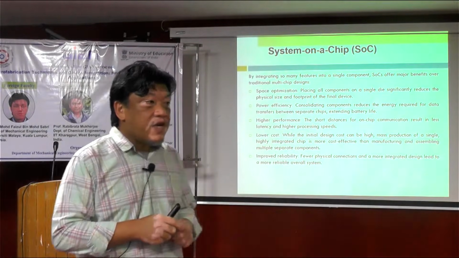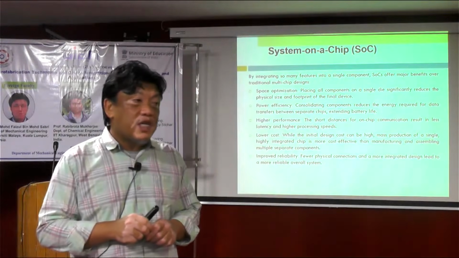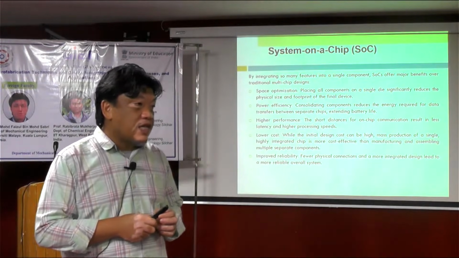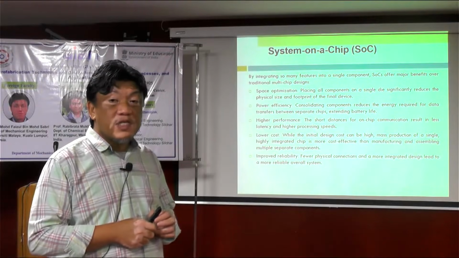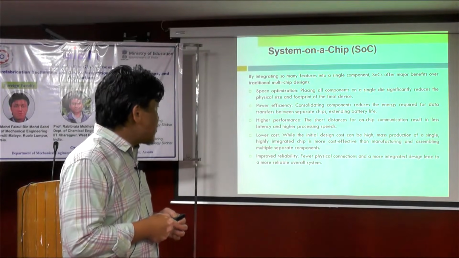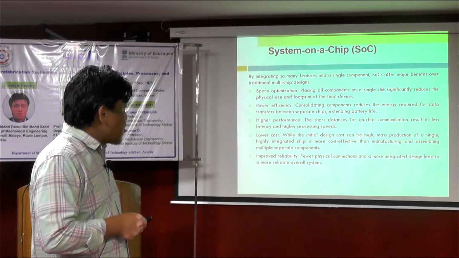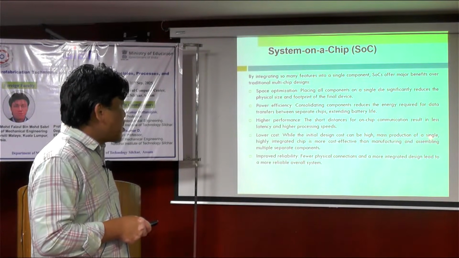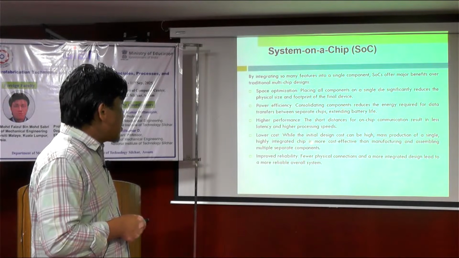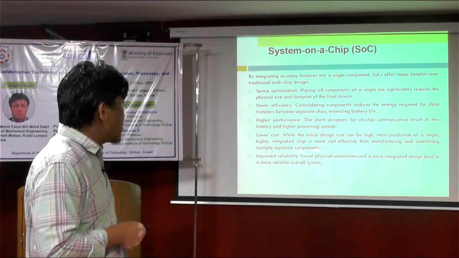Imagine you just have a connector of a few nanometers or a few microns between the chips, rather than a few millimeters using a wired connector. And lower cost: while the initial design cost can be high, mass production of a single highly integrated chip is more cost-effective than manufacturing and assembling multiple separate components.